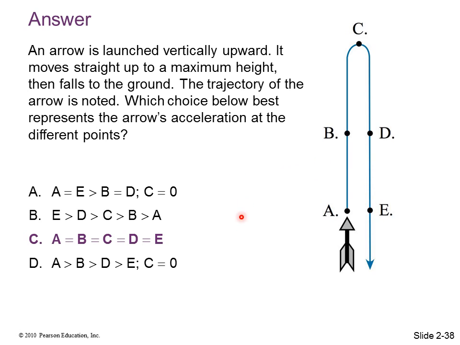So students make the mistake of thinking about velocity, because if we were asking about velocity, you would have been right. A would have been greater than B than C. But it's not. It asks about acceleration. And once that arrow is shot and it's in the air, the only acceleration is negative 9.8 meters per second squared. And that's our acceleration due to the force of gravity.